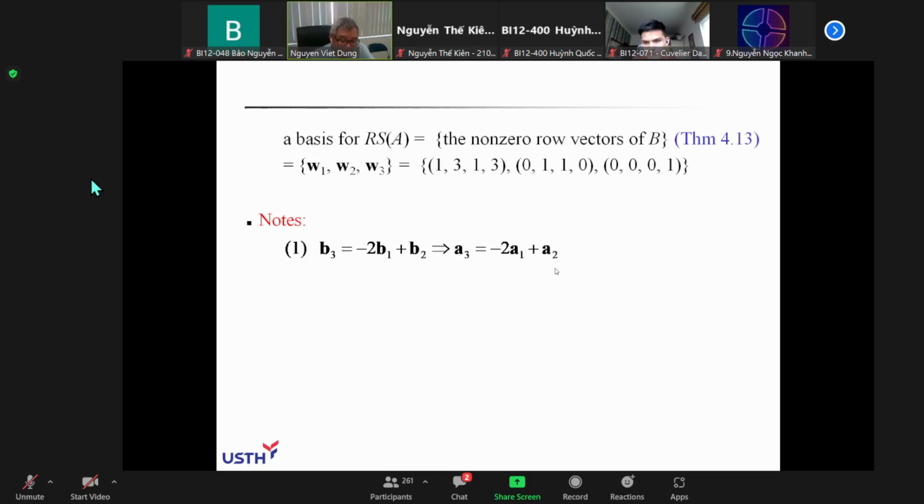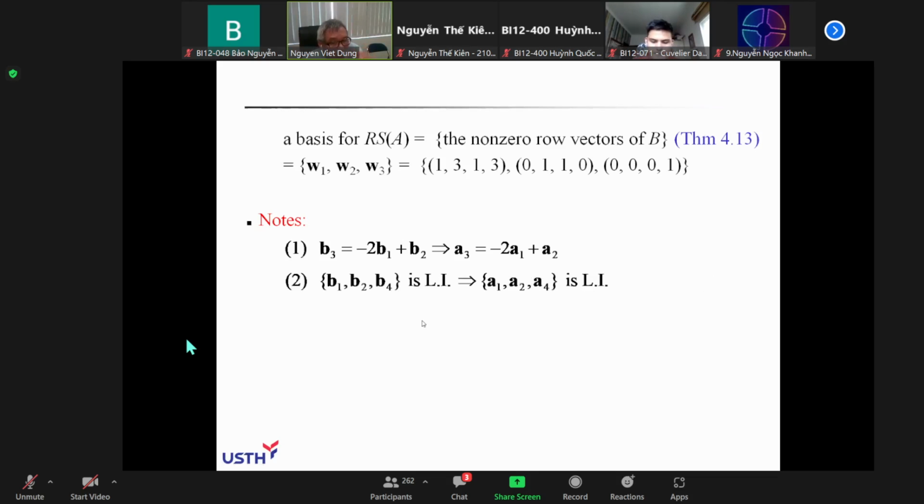There is one thing: why in the previous slide I denote the columns by A1, A2, A3, A4, and for B, by B1, B2, B3, B4. Because if you look at the matrix B, it is very easy for you to verify the equality B3 equals minus 2 B1 plus B2. And it implies that A3 equals minus 2 A1 plus A2.